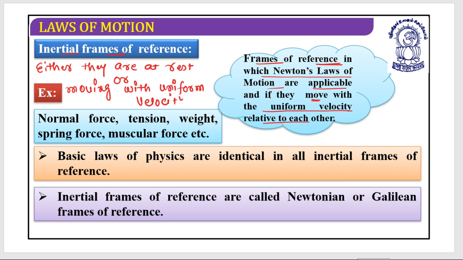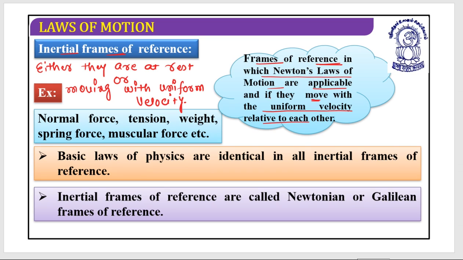So if one or both of these conditions are satisfied, that either they are at rest or moving with uniform velocity, then the frame of reference is considered an inertial frame of reference.